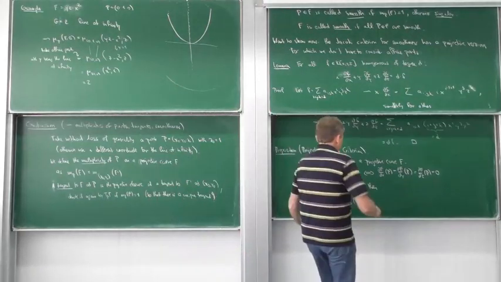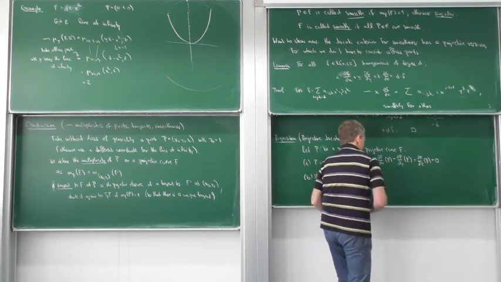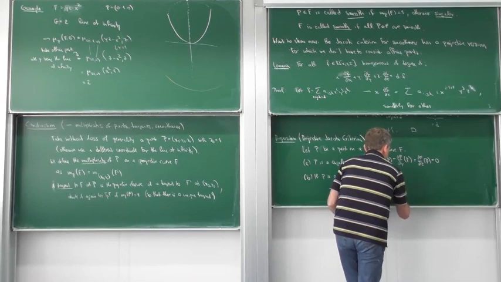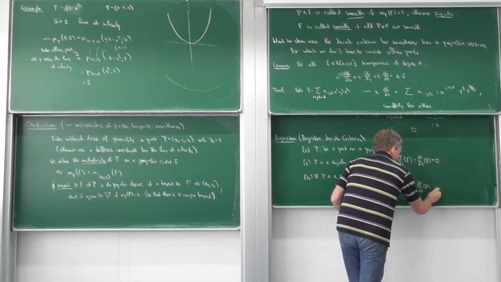And here it looks very similar, and namely it is df by dx at P just times x, and then you do this for all three. So df by dy at P times y plus df by dz at P times z.